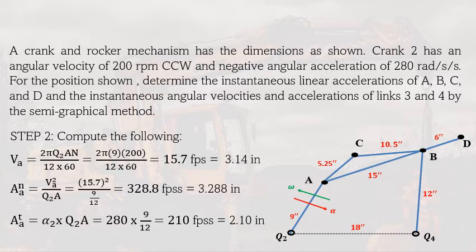It's given as 280, and then we convert to feet, so our result is 210 feet per second squared. Using our acceleration scale, we get 2.1 inches as our tangential component. So now we already have the absolute velocity of A, the acceleration of A normal, and the acceleration of A tangential. We will use these values later on.